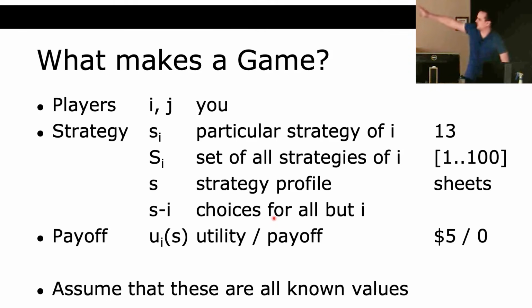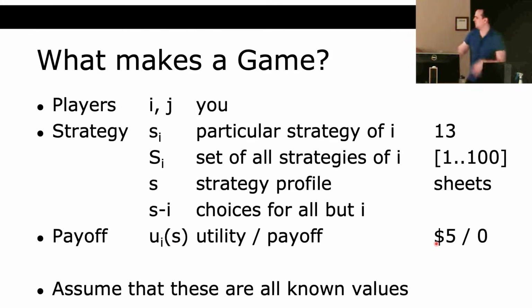The reason I'm doing all this is because we're going to use these in a second. And the payoff U sub I of S, that is the utility or the payoff for player I given a strategy profile. So that is the outcome for you, player I, given that everyone else chose all of these things, okay?